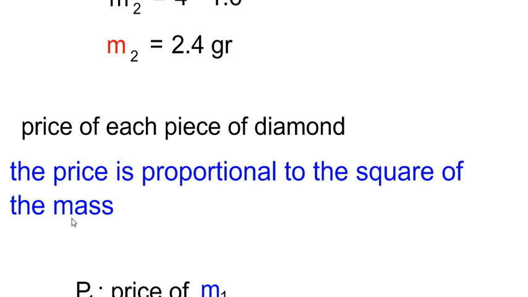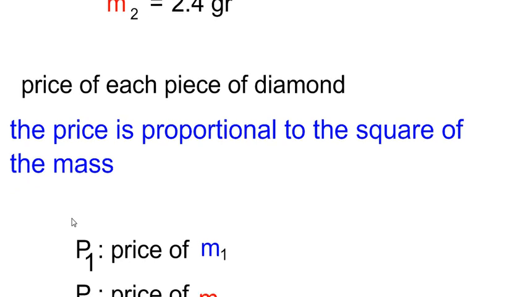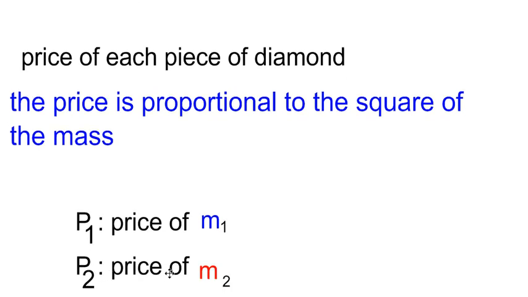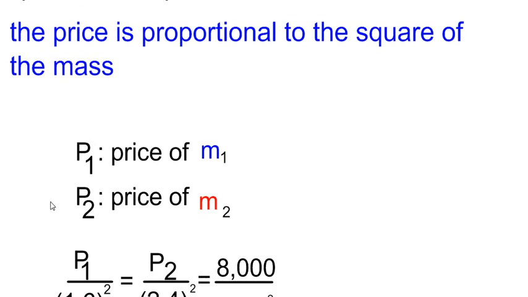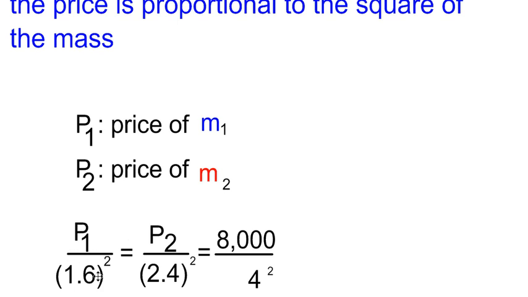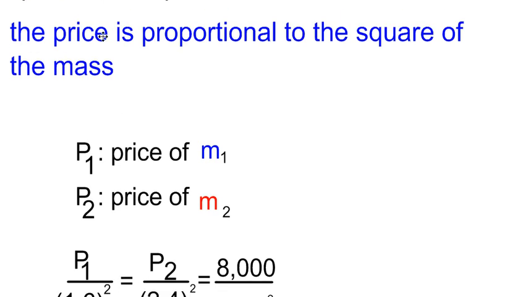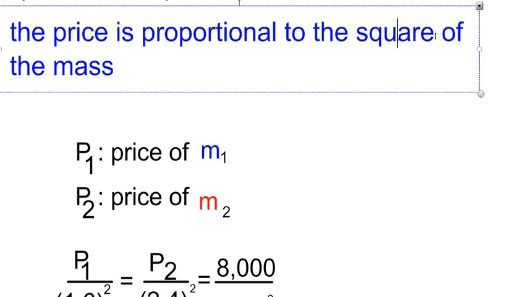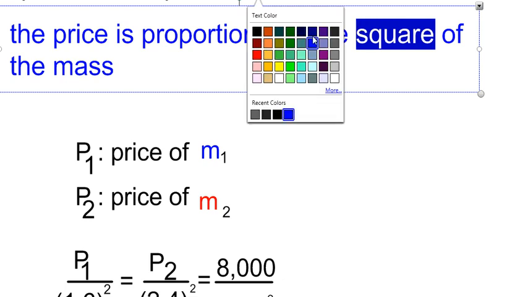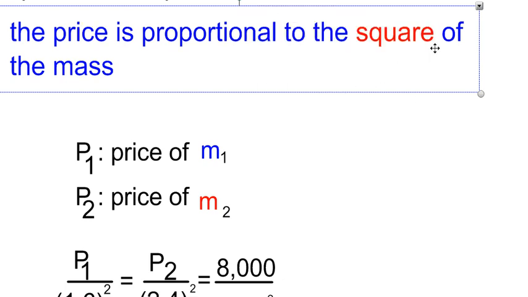If we call P1 the price of diamond M1 and P2 the price of diamond M2, we have a proportion. The price is proportional to the square of the mass.